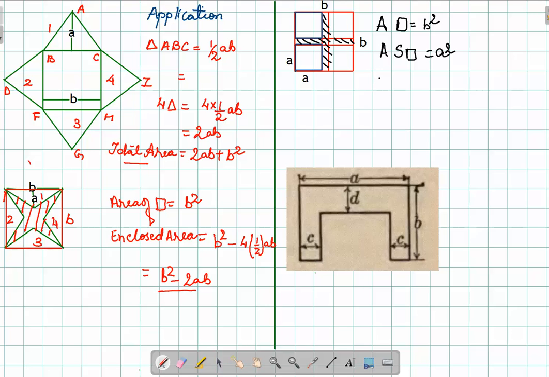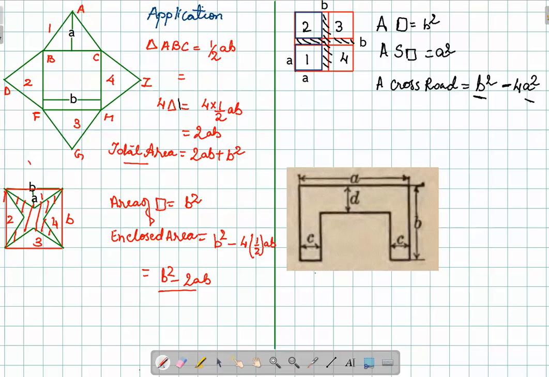So the area of the crossroad will become the area of the big square, that is B square, minus the area of the small squares. But here we have 1, 2, 3 and 4 such small squares, so it will become 4A square. Substitute the given values of B and A and you will be able to find the area of this crossroad.